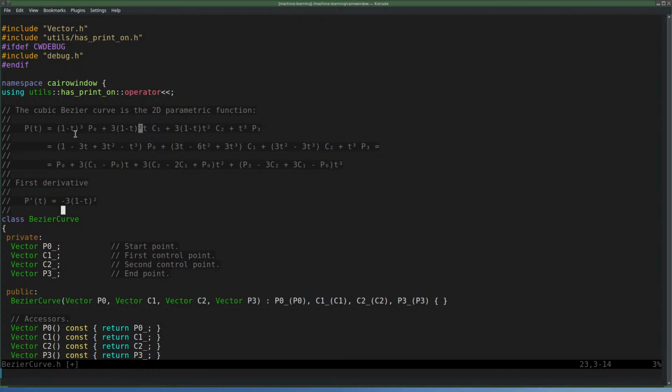That's a derivative of this. Derivative of this is even more difficult.